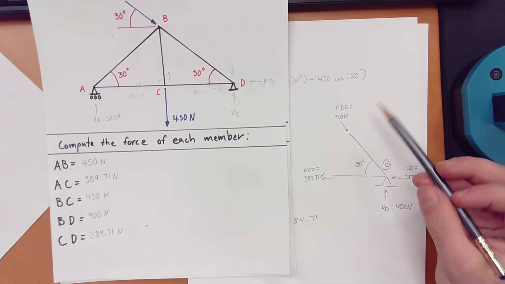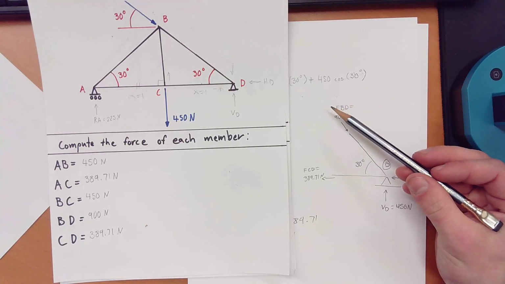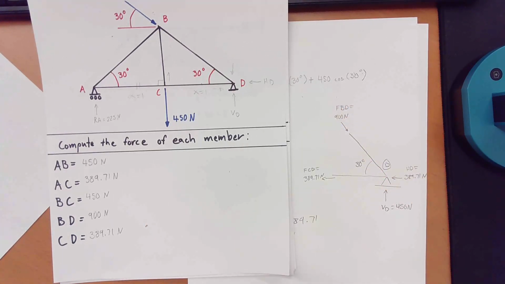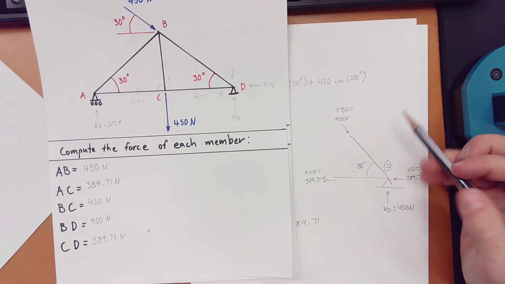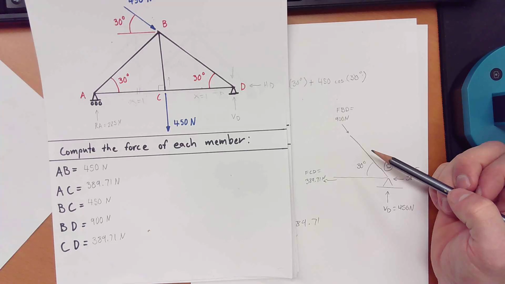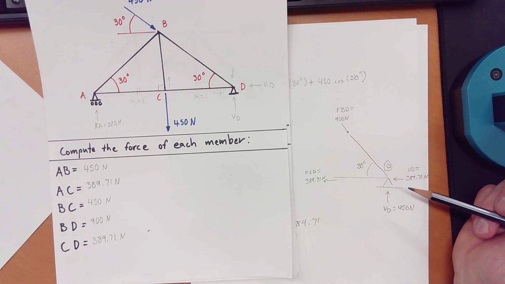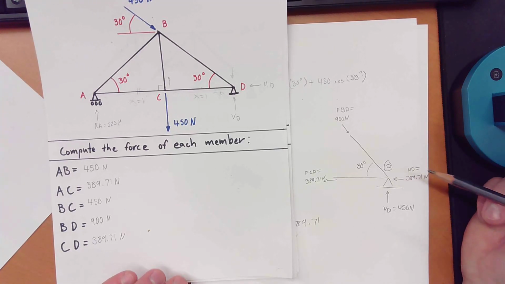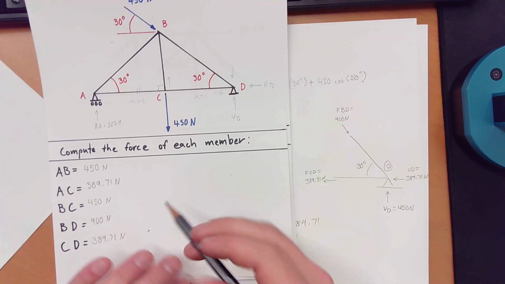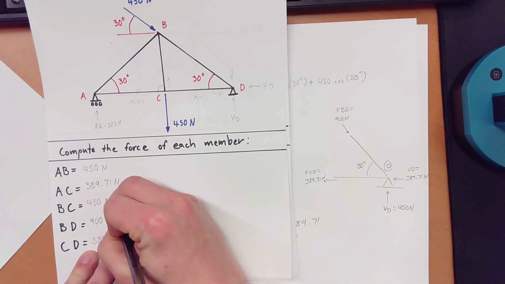The way we calculated it, and I should have done this as we were going along, when we were looking at the vector of direction, deciding whether to use cosine or sine, we should have been recognizing that and putting the arrows in. So if the forces in BD are pushing down on point D, we know that that's compressing because they're pushing together. So BD is going to be 900 newtons in compression.